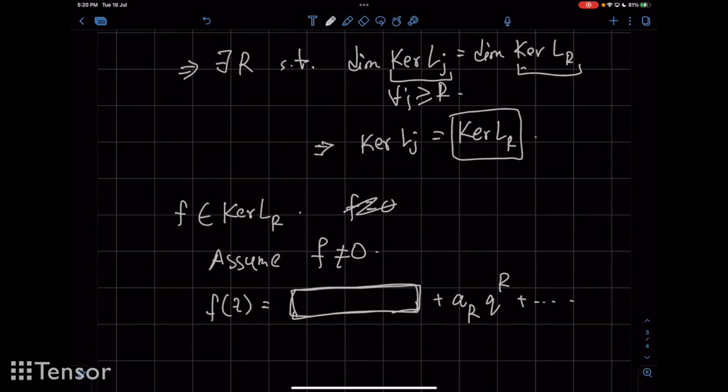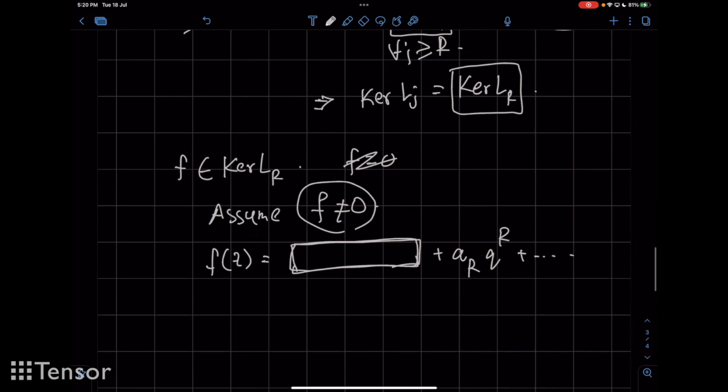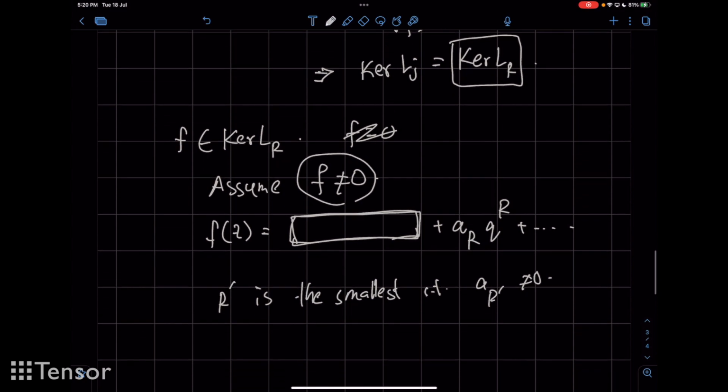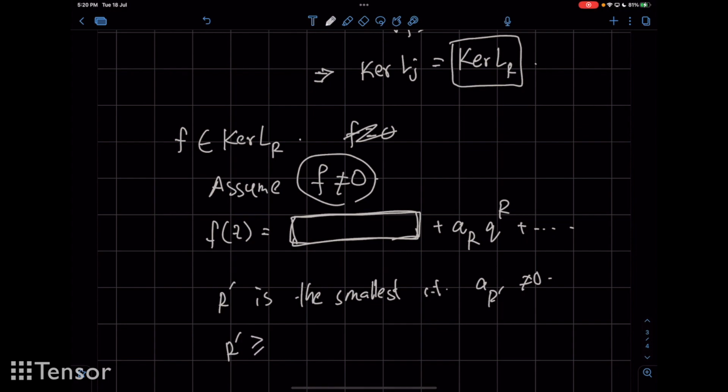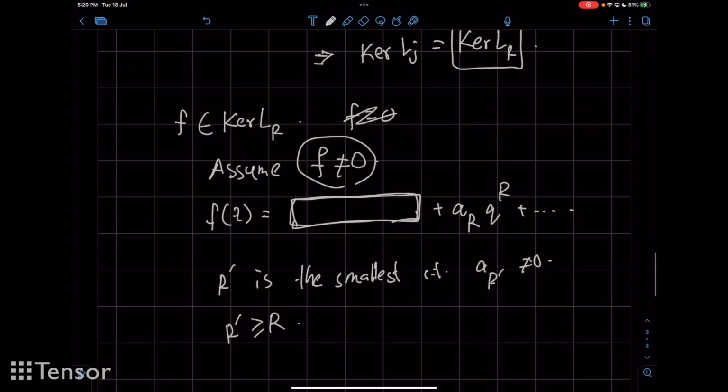And also we assume that f is not 0. That means there is some coefficient that is non-zero. So suppose r' is the smallest such that a_{r'} is not 0. Then of course r' is bigger than r.